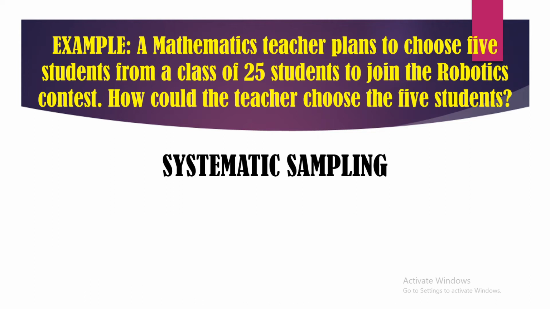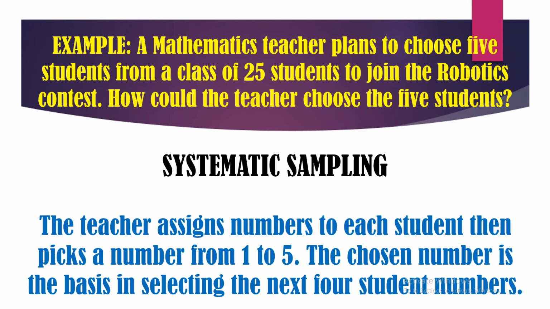And then, of course, we have systematic sampling. Here, the teacher assigns numbers to each student, then picks a number from 1 to 5. The chosen number is the basis in selecting the next 4 student numbers. So there is a systematic way of choosing the sample.